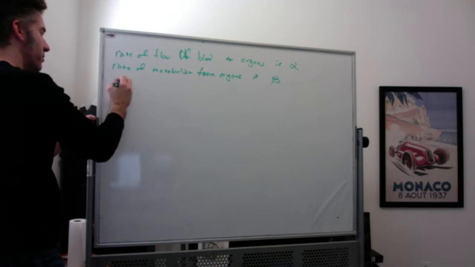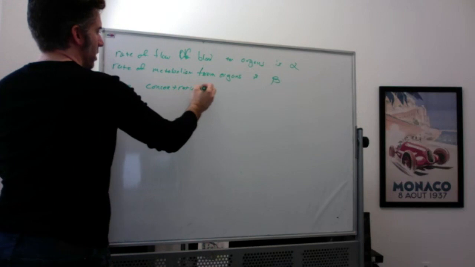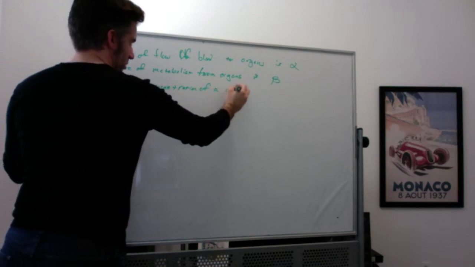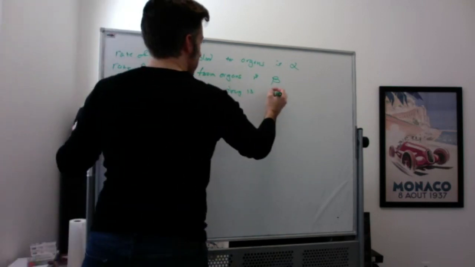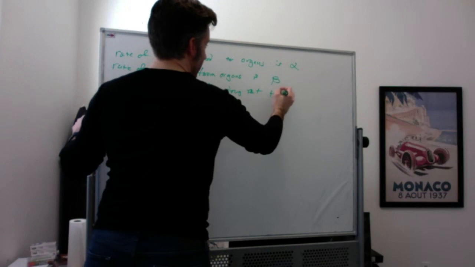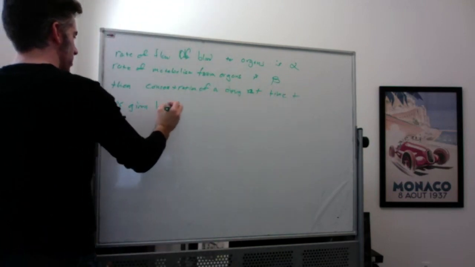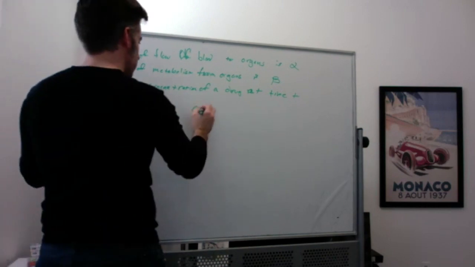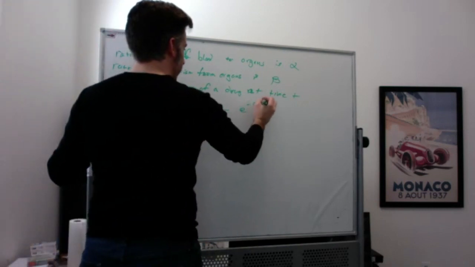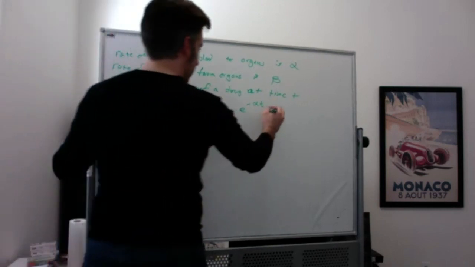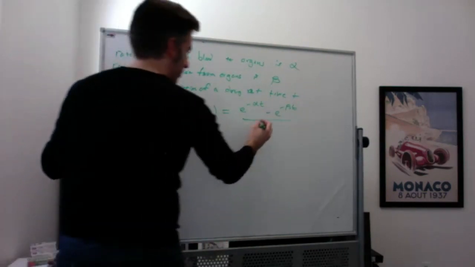Then the concentration of a drug under certain conditions at time t is given by C of t equal to e to the negative alpha t minus e to the negative beta t, divided by beta minus alpha.